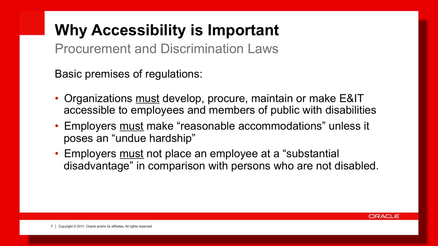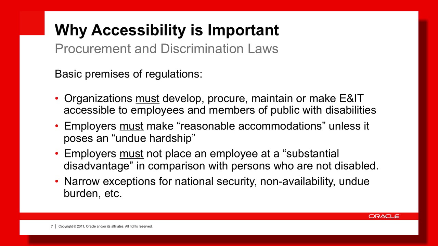And employers must not place an employee at a substantial disadvantage in comparison with persons who are not disabled. So you can see there's quite strong words here about what you need to do. Now there are some narrow exceptions to these pieces of legislation and regulations.